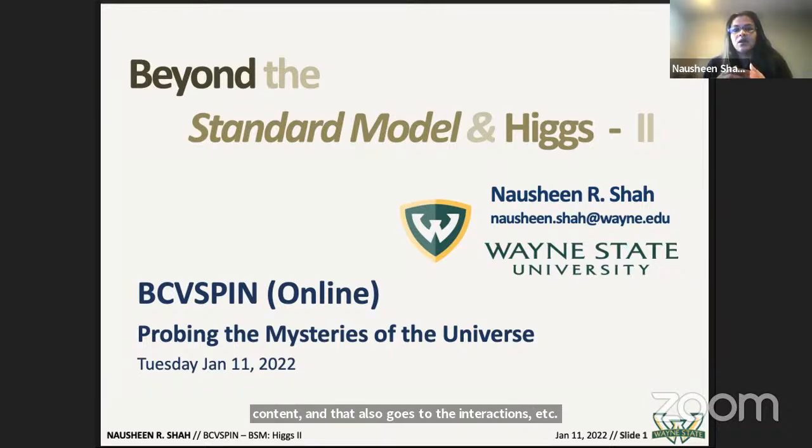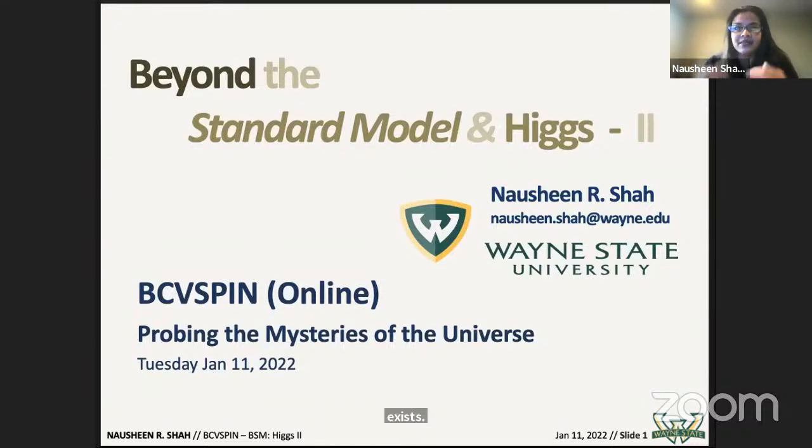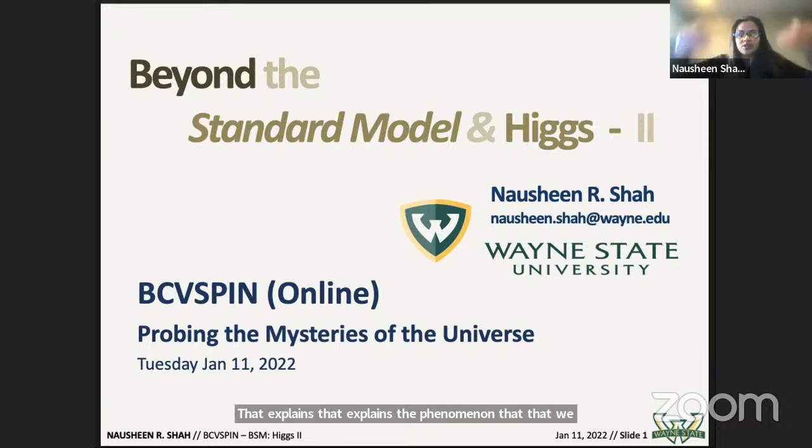That goes for the particle content, and that also goes for the interactions, etc. And when we're wanting to go beyond the standard model, that means we want to gain an understanding of what kind of bigger theory, hopefully, exists that explains the phenomenon that we see in the standard model, right? So the goal is to go beyond the standard model to understand the big picture.